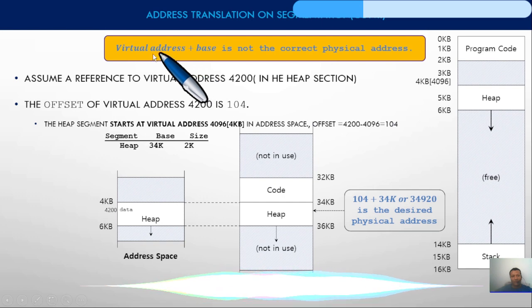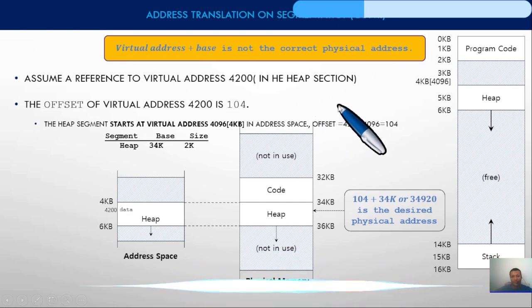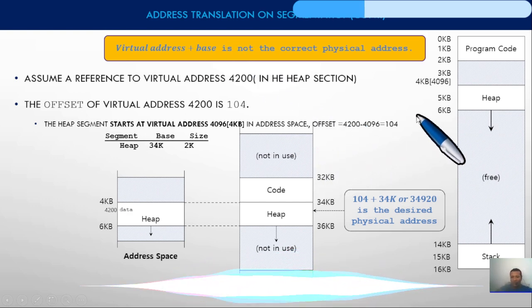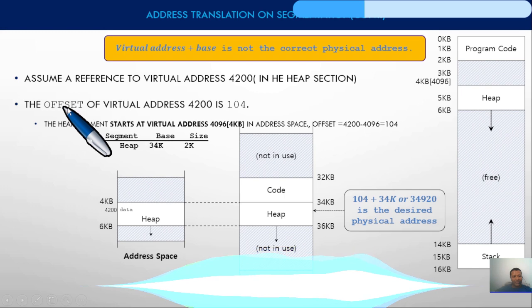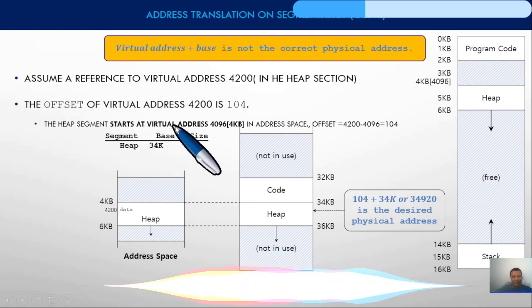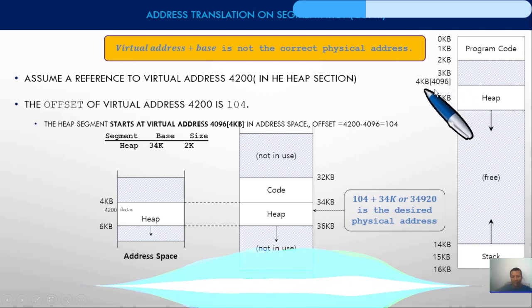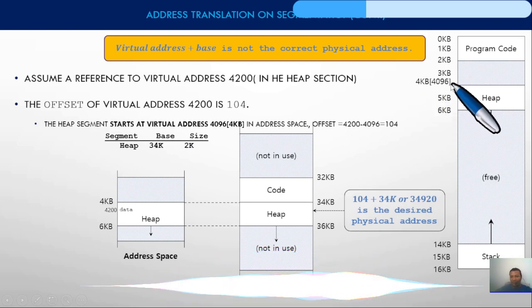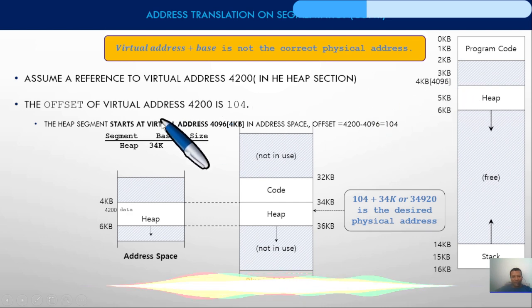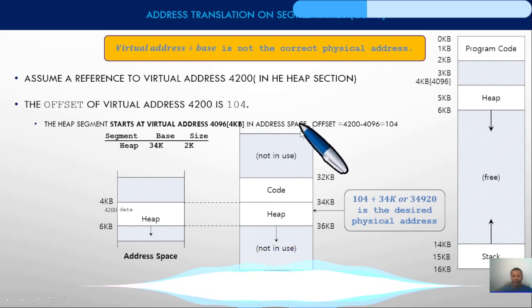Virtual address plus base address is not the correct physical address, because the heap segment starts at a virtual address of 4096. So what we have to do is get the offset.